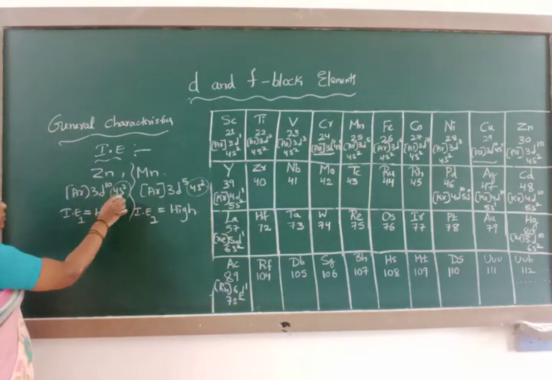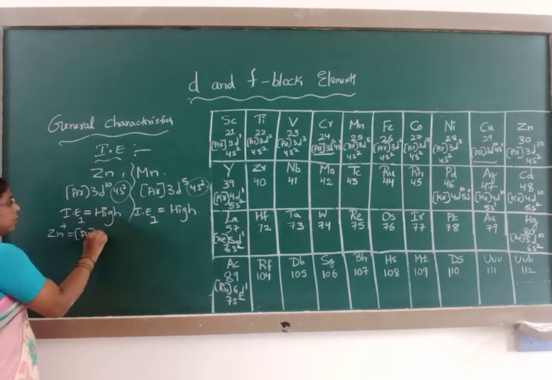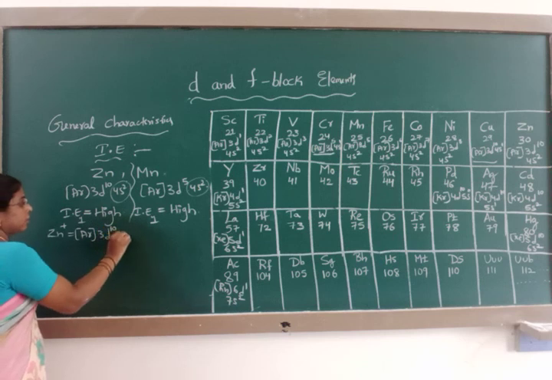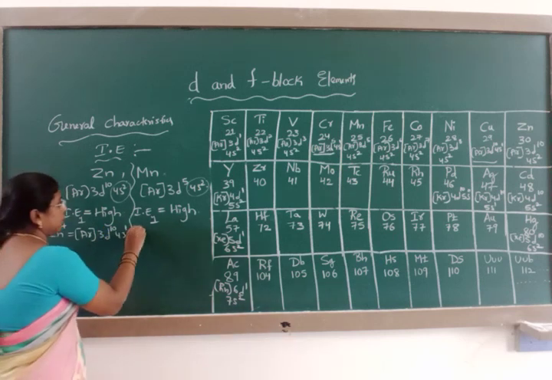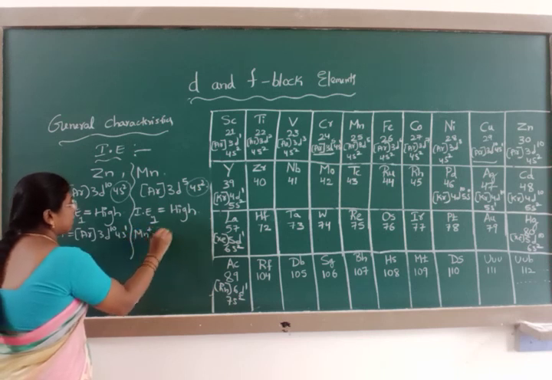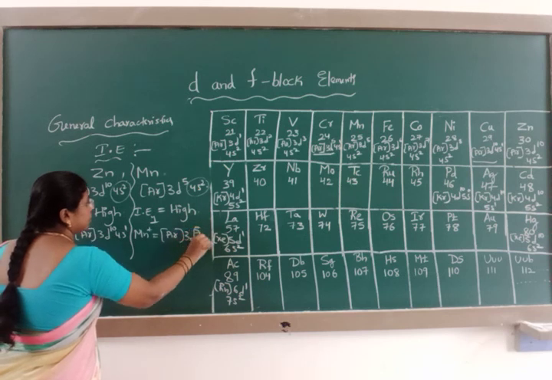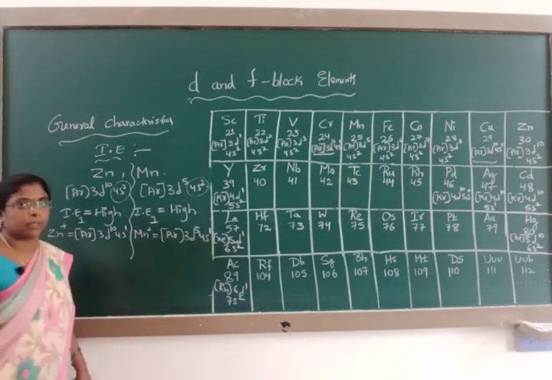What happens after removal of the electron? Zn will form Zn plus, argon 3d10 4s1 as its configuration. Manganese will form Mn plus, argon 3d5 4s1 as its configuration.